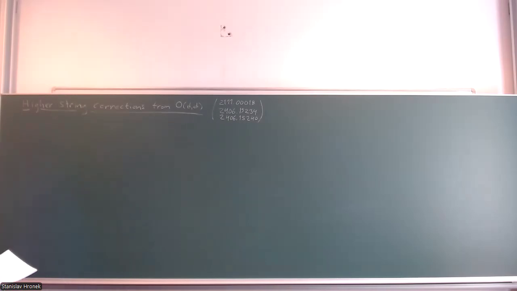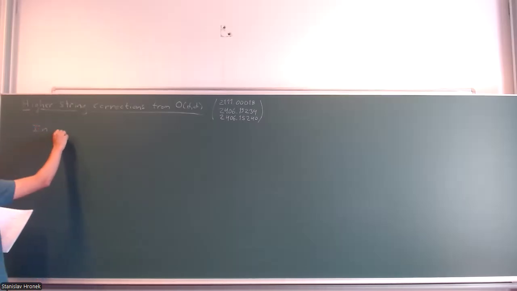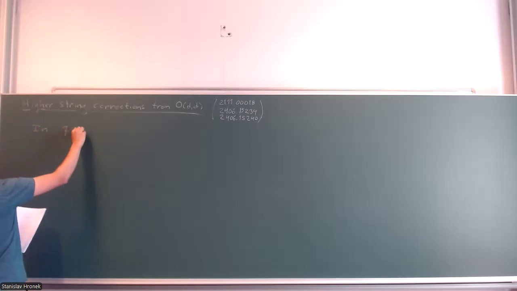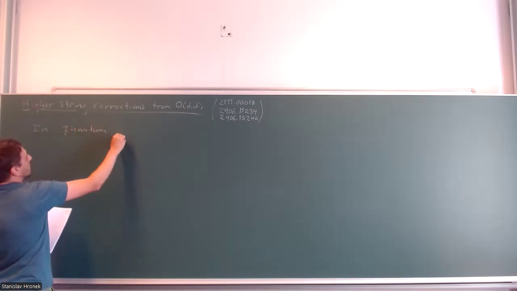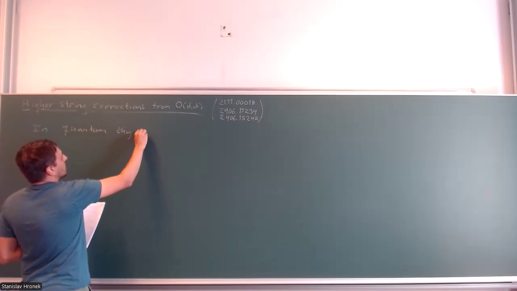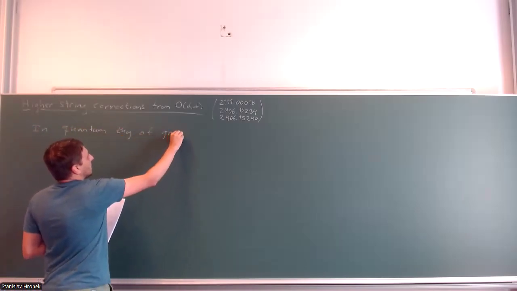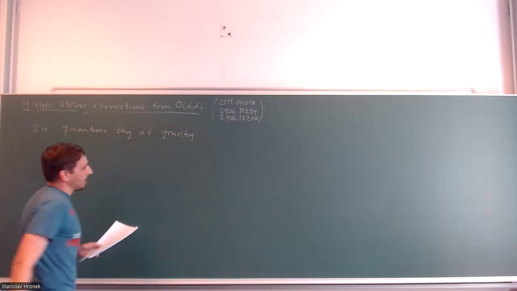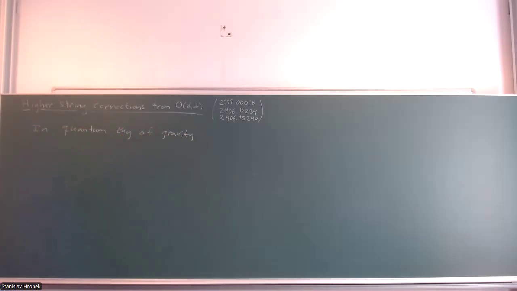So let's start with some very general motivation and setup, where we're interested in what the question is. In a quantum theory of gravity, we expect that the Einstein-Hilbert action will receive corrections.